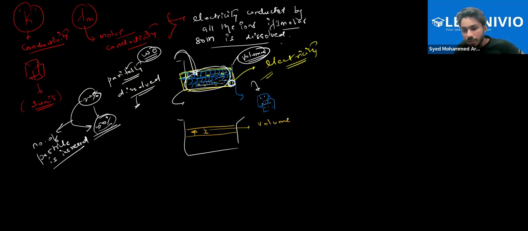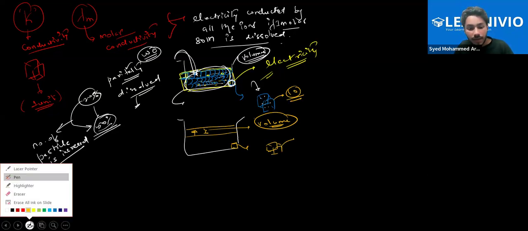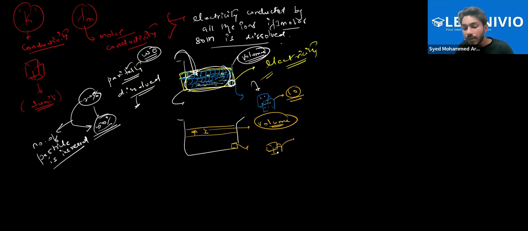Fine. Volume is increasing. It means that in the unit volume area, the number of particles, let's say 10 particles are there. So if the volume is increased, my number of particles in that volume will decrease. Let's say now it will be 5. Why?